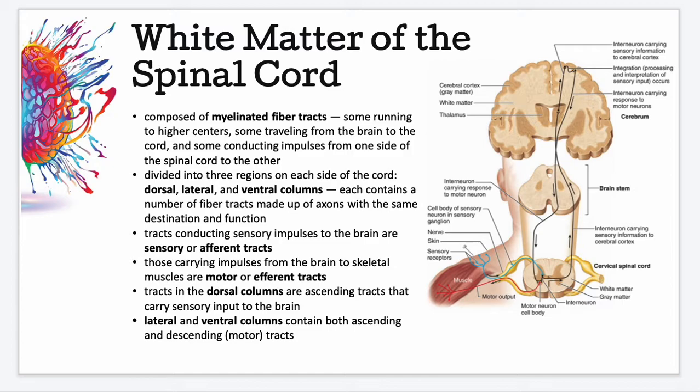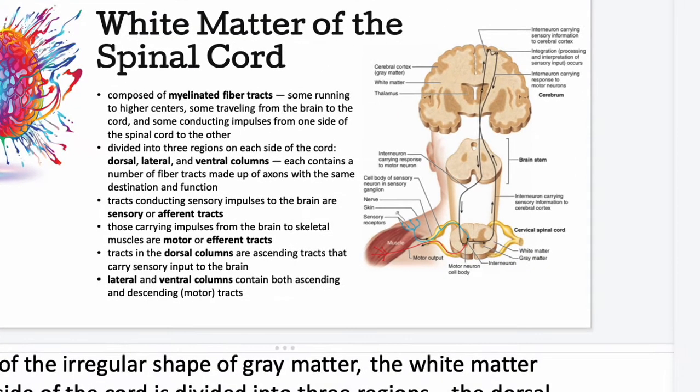The white matter of your spinal cord is composed of myelinated fiber tracts, some running to higher centers, some traveling from the brain to the cord, and some conducting impulses from one side of the spinal cord to the other. Because of the irregular shape of the gray matter, the white matter on each side of the cord is divided into three regions: your dorsal, lateral, and ventral columns.